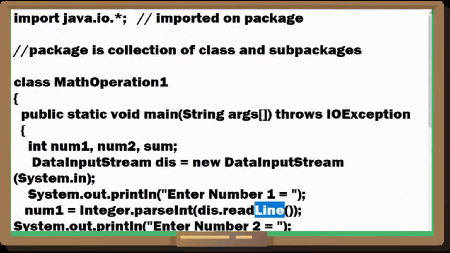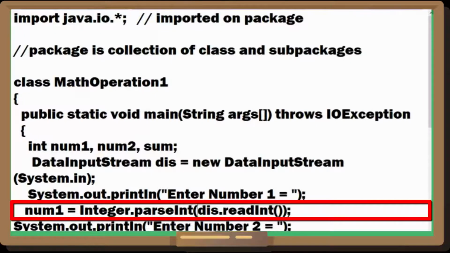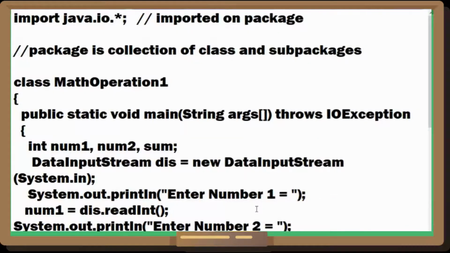Now see, I'm making some changes in the existing program only, that's why that deprecation comes. So I'll just write readInt. The moment you say readInt, I need not write the complete syntax. I just have to write readInt, and here there is number 1 and number 2.